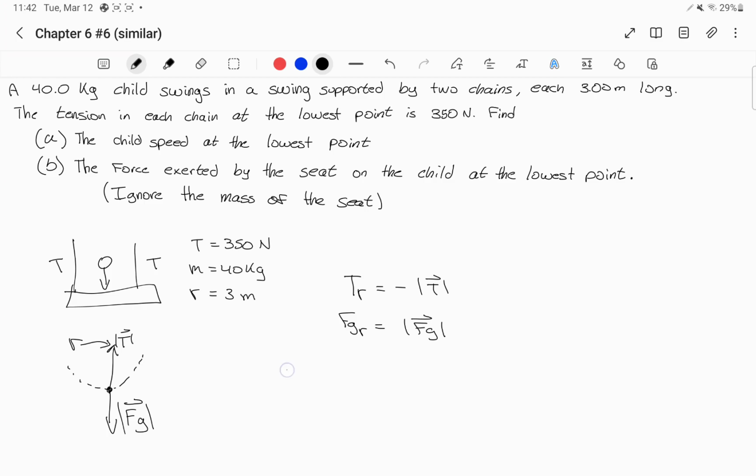Now, using Newton's second law, we know that F net R is equal to the sum of all the forces, which is going to be negative T plus the gravitational force. It's probably unnecessary, but you get the idea.